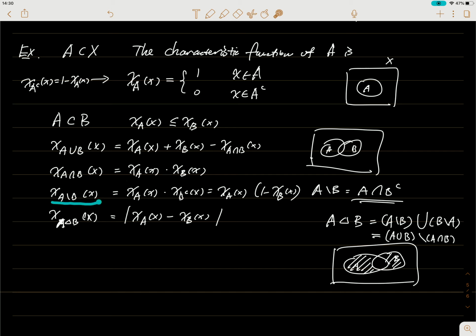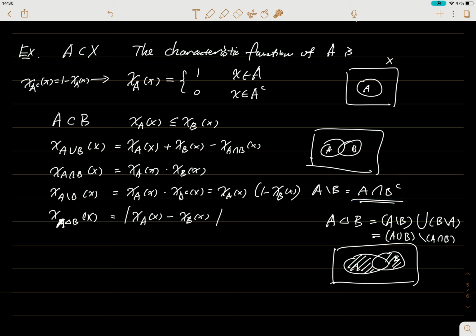Okay, the characteristic function of A minus B. So remember that the characteristic function of A minus B is just taking value 1 here and 0 outside. So remember that A minus B is just the intersection of A and B complement.